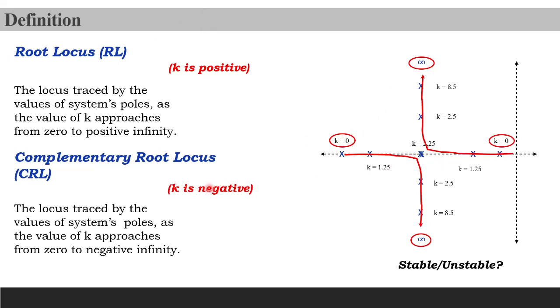So can I ask you, what if the system is stable or unstable? The point is that however I change the values of k, from 0 to infinity or whatever I want, the roots or the poles of the system lie on the left half plane of the S plane.